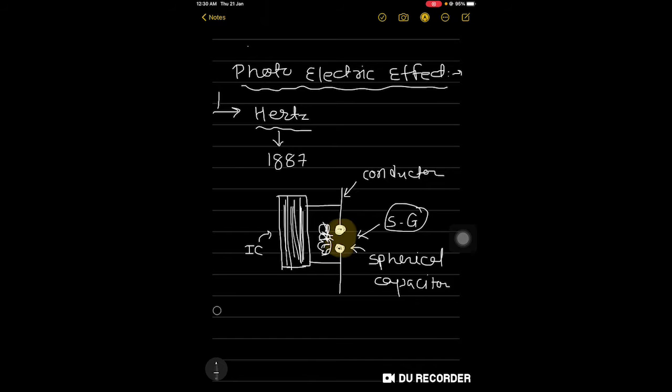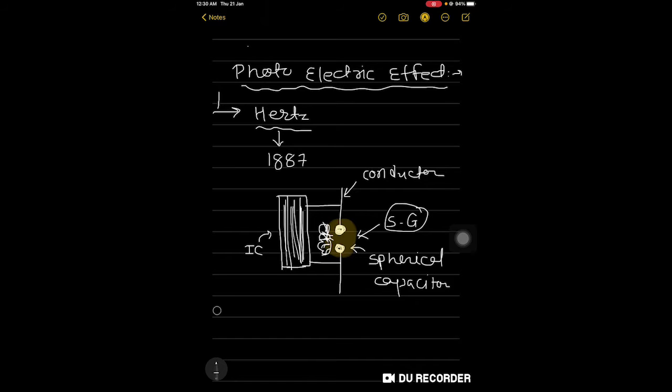So in his investigation, Hertz observed that high voltage sparks across the detector loop were enhanced when the emitter plate was illuminated by ultraviolet light from an arc lamp. So light shining on the metal surface somehow facilitated the escape of free charge particles, which we now know as electrons.